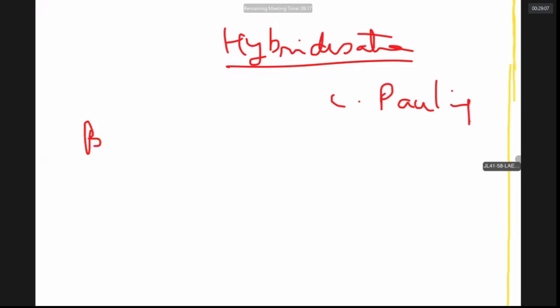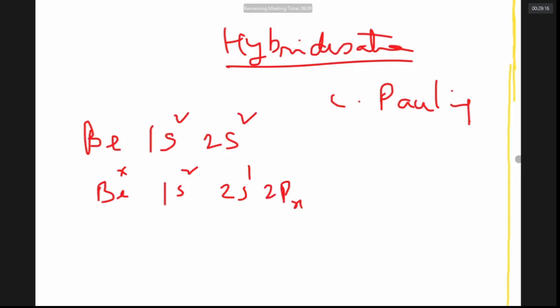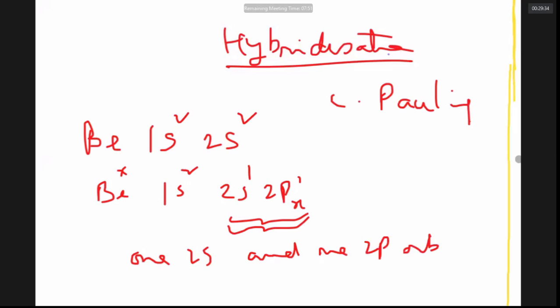If I am looking at beryllium whose configuration is 1s2, 2s2, in excited state it is 1s2, 2s1, 2px1. It can go to 2py1 or 2pz1, all p orbitals are same. Now according to hybridization theory, one 2s orbital and one 2p orbital of beryllium intermix.